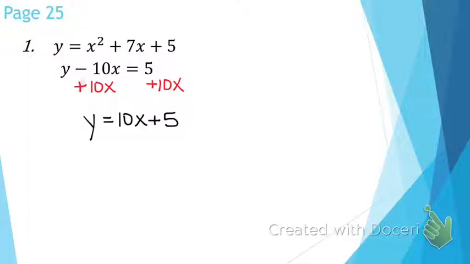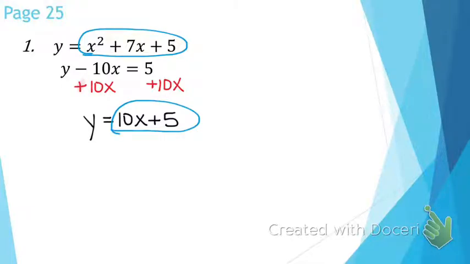Now you're ready to set them equal to each other. So let's set these equal to each other, and we get x squared plus 7x plus 5 equals 10x plus 5.